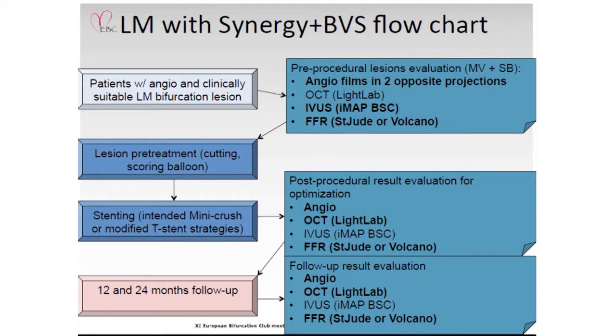And as you know, we have a more than 15-year registry for left main intervention in our institution, and we always use very aggressive pretreatment and plaque modification with a cutting balloon. That's always IVUS guided. But now we try a new method and combine BVS and this for left main intervention. And you should remember that it's of course not like the regular 2-stent technique, because this is a Synergy plus BVS.